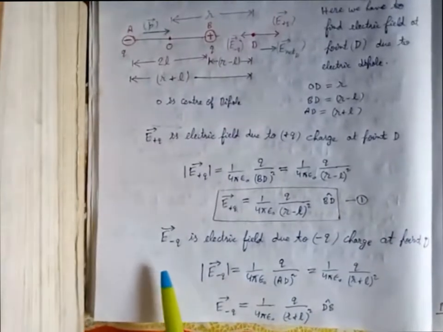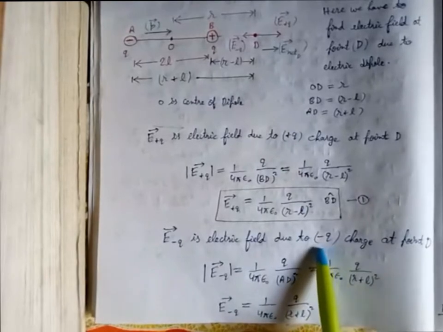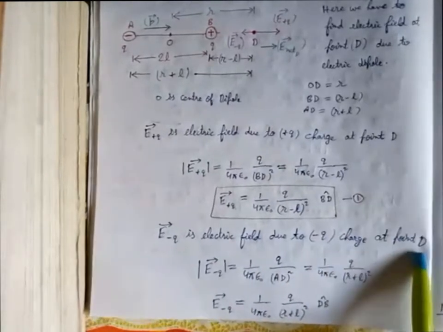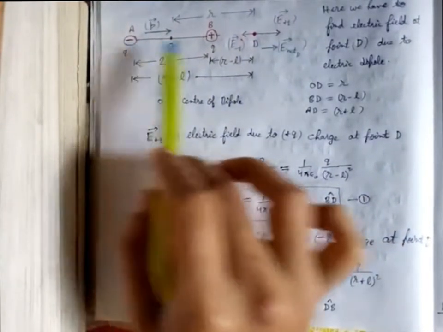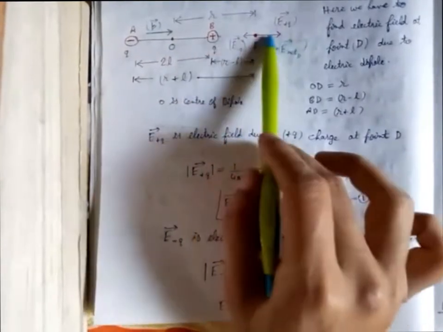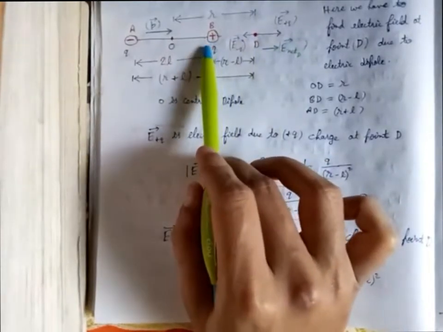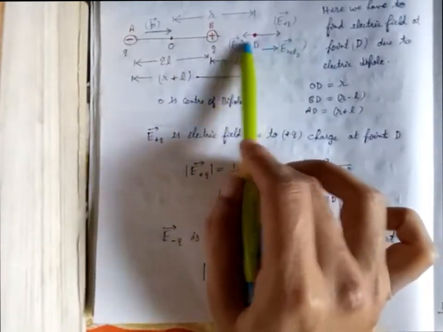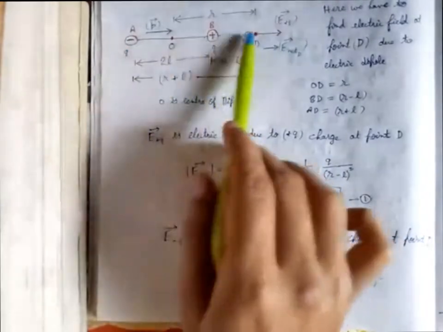Now the second is the electric field due to the minus Q charge at point D. The electric field at point D due to this charge will be small in magnitude in comparison to the electric field due to plus Q charge, because the plus Q charge is closer to this point and the minus Q charge is far away from this point.